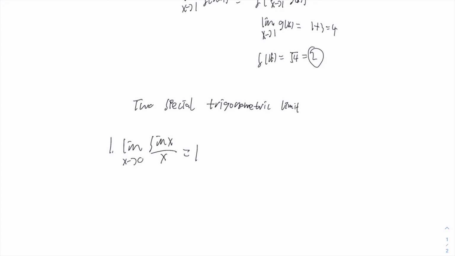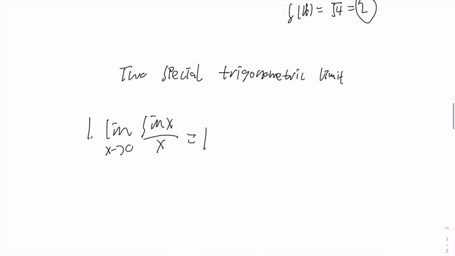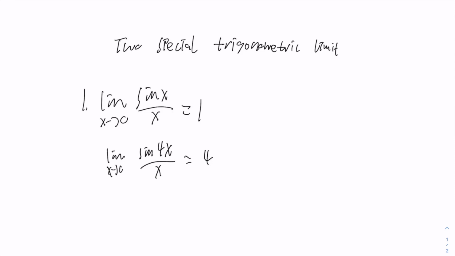I'll show you how to get this result after you learn derivatives. But for now, just remember there's such a thing. And if you change sine of x to sine of 4x over x, while the limit is still x approaching 0, it's just going to be 4. It's the top coefficient divided by the bottom coefficient.